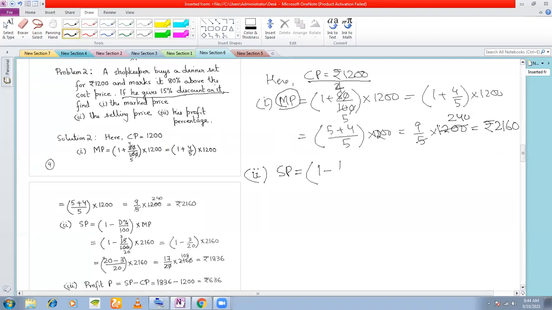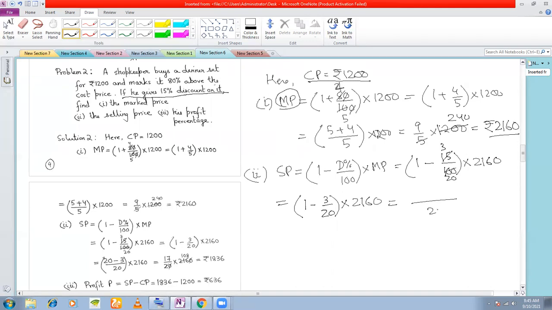1 minus discount percent by 100 into mark price. Put the value. 1 minus discount percent is 15 divided by 100 into mark price we have found out to be 2160. So 1 minus 3 by 20 into 2160.